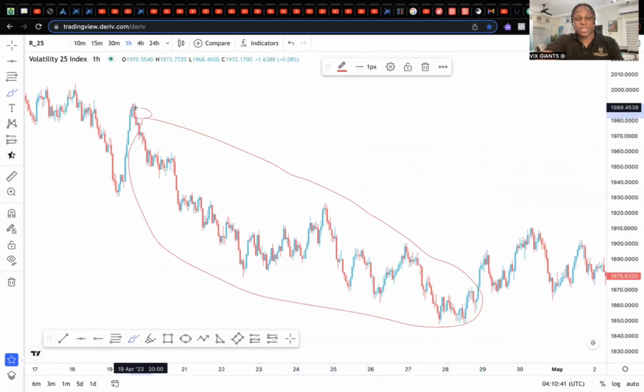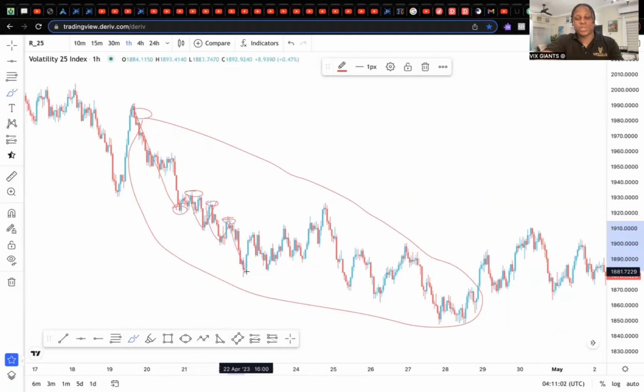So let's say we start from up here, high, market pushes down, creating a low, breaks structure, comes back, retests, lower high, market pushes down, lower low, lower high, lower low, lower high. All right.